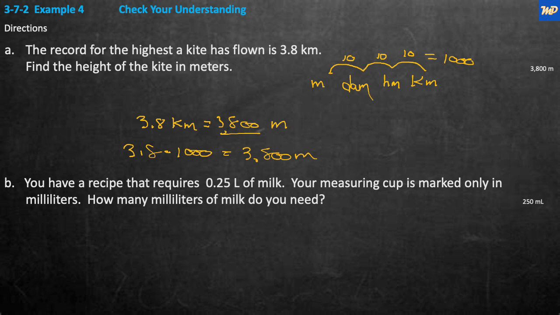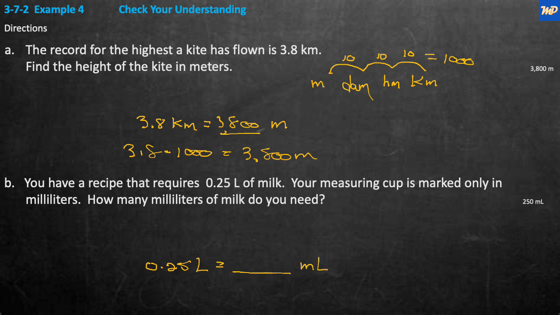You have a recipe that requires 0.25 liters of milk. Your measuring cup only measures in marks of milliliters. How many milliliters of milk do you need? Well, we can measure milliliters, so we're going to have to convert from liters to milliliters.